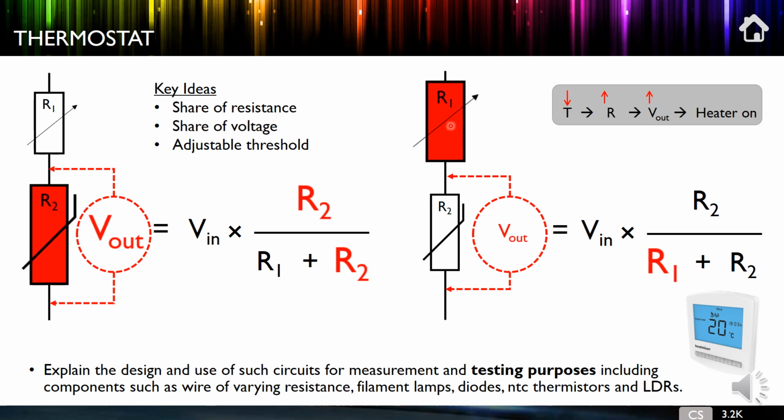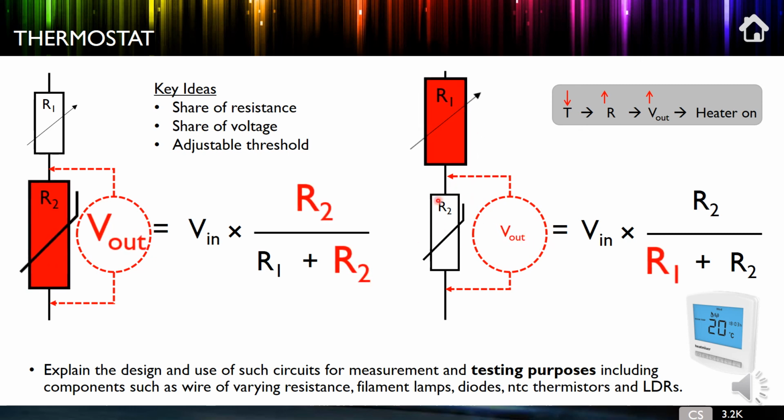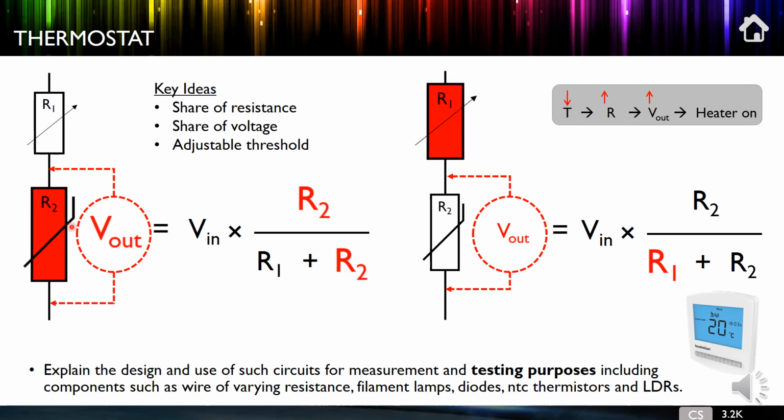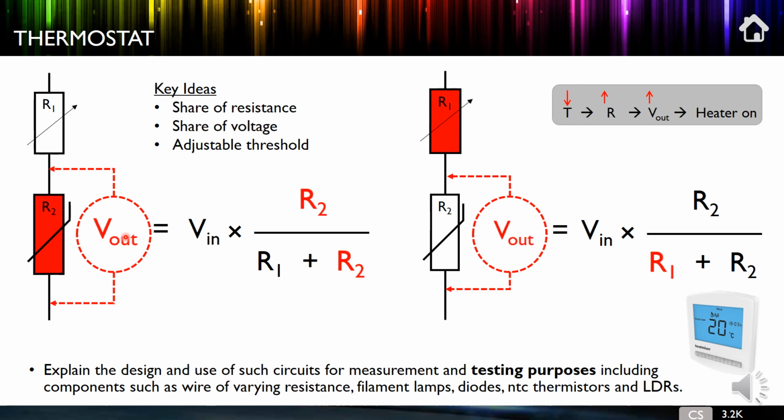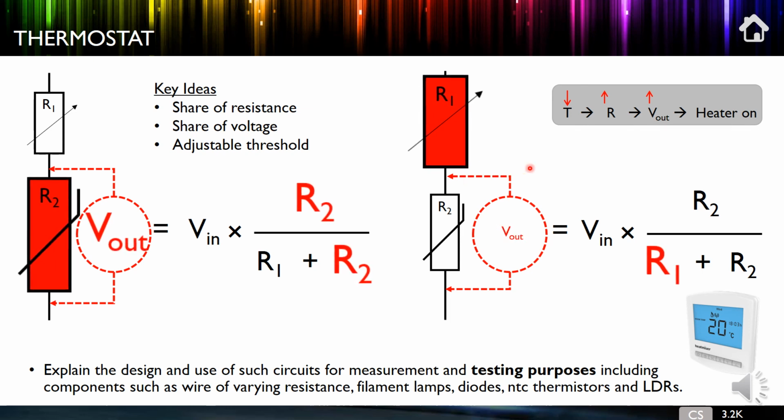Now this variable resistor here can be adjusted to change the threshold. If this changes, the fraction of resistance that this one represents also changes. With the thermistor itself changing, it's pretty obvious that that affects the voltage across it. It's less obvious that a resistor somewhere else has that effect, but it is nonetheless the case.